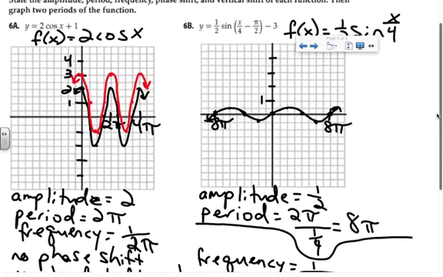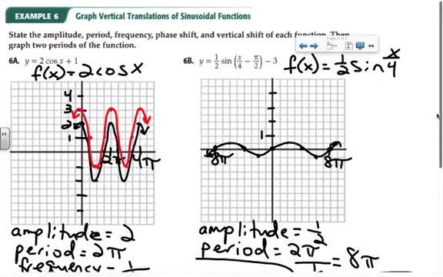So now I'm going to take these significant points that I plotted, the x-intercepts, the maximums, the minimums, everything that I plotted before just connecting the dots, I'm going to take all of them and move them to the right 2 pi and down 3.